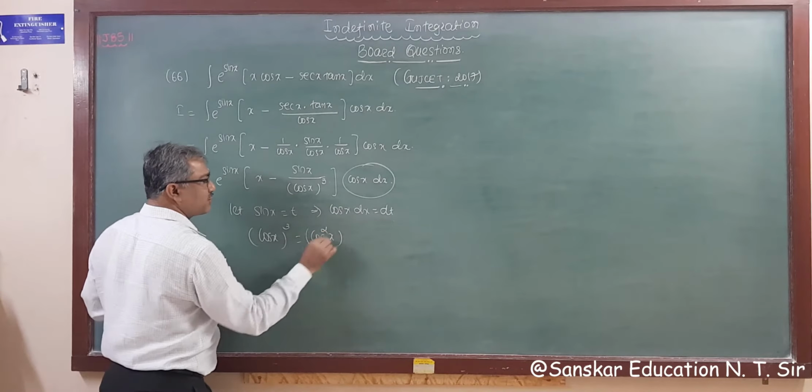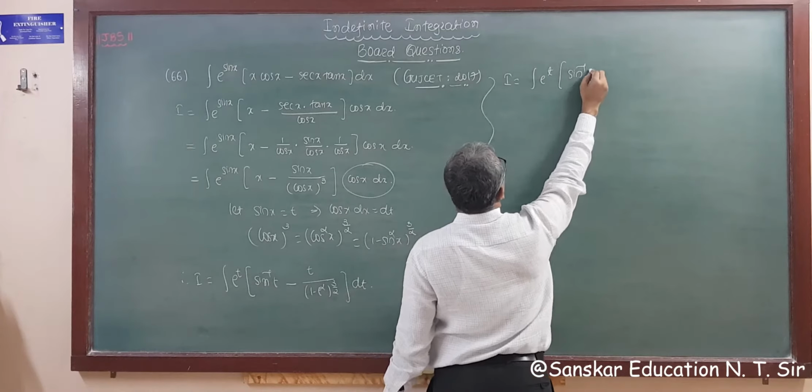Now क्या फॉर्मूला अप्लाई करने वाले? e raised to x f x. So sin inverse t, derivative of sin inverse t is 1 upon under root 1 minus t square, but there is no 1 minus t square only. This is t upon 1 minus t square raised to 3 by 2, means we have to add and subtract, right? So if we add and subtract, then I will be integration e raised to t, right?